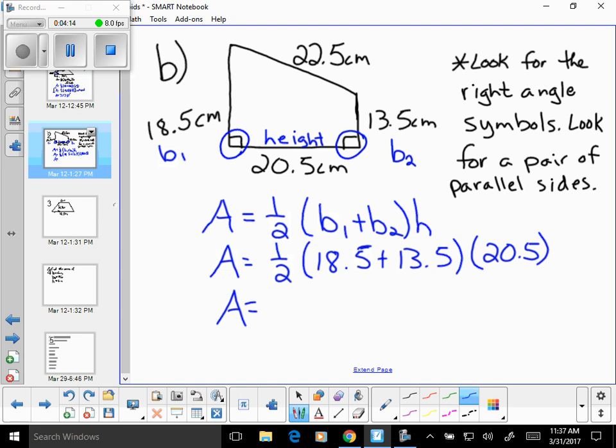Put in 18.5 plus 13.5 equals. And sometimes you don't even have to do that. You just put in 18.5 plus 13.5. Then you press times 0.5 and times 20.5. And in this particular instance, our area is going to be 328 centimeters squared.